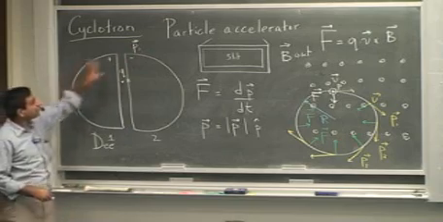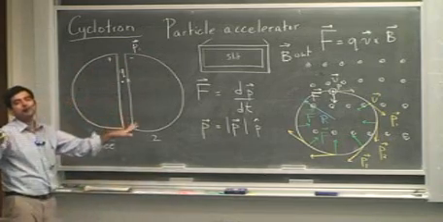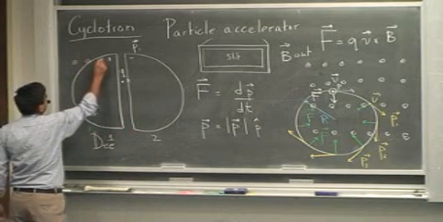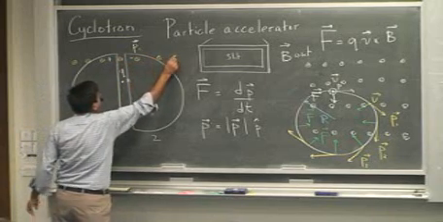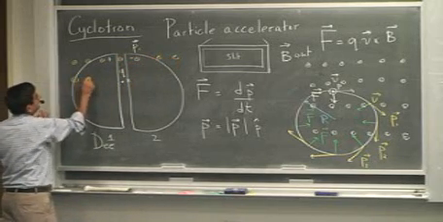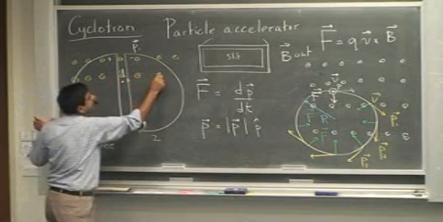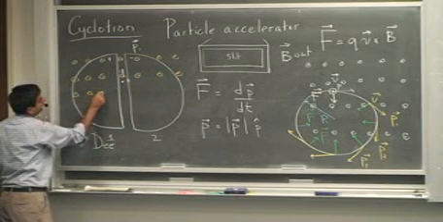Now all of this arrangement is placed inside a uniform magnetic field. Okay, this is a uniform magnetic field in the region of these D's.